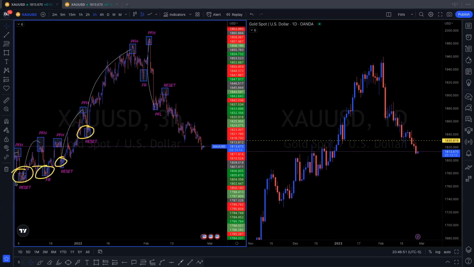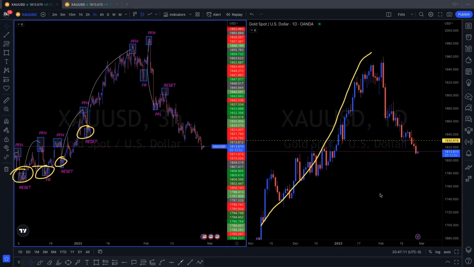These would be areas of structure that you can use for peak formation lows. On a pair like this, where you've just gone up, you're not going to have a lot of structure to work with.